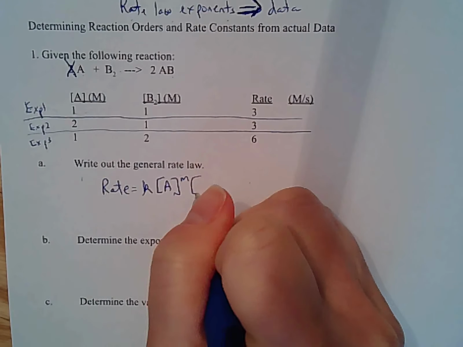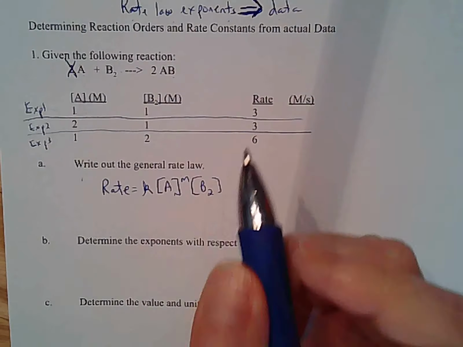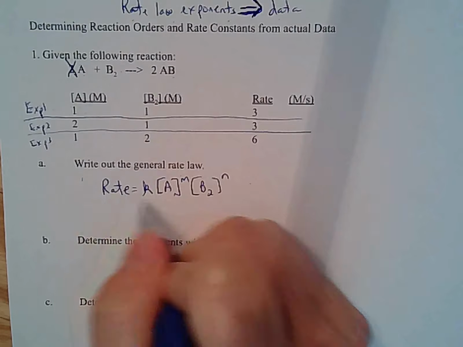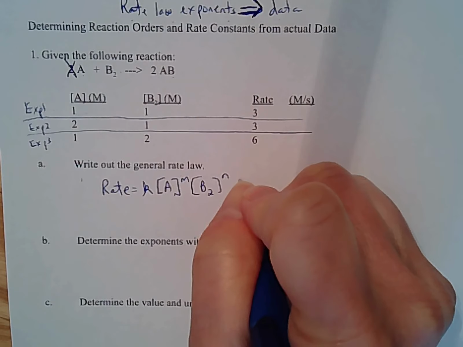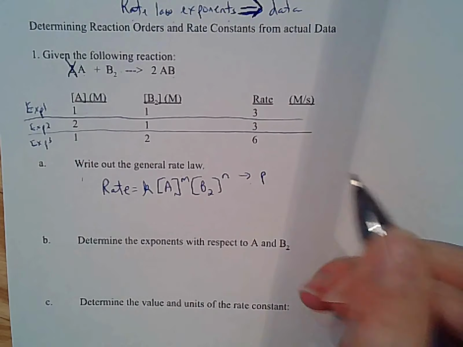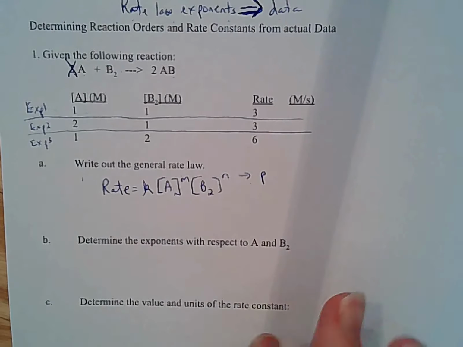Then I'm going to put the second reactant, B2, as a diatomic, and I am going to put the letter N on top. So this is your general rate law. The next letter you would use if you had a third is the letter P. You do not use the letter O because that looks like a zero order reaction.